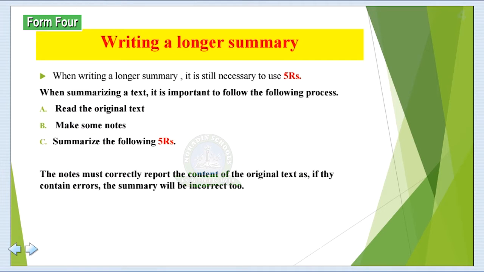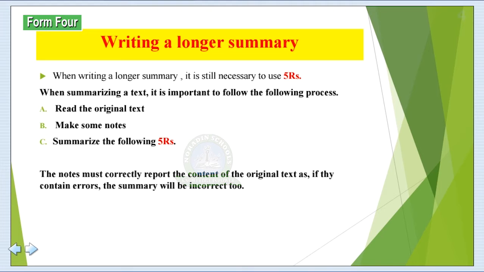Writing a long summary. When writing a long summary, it is still necessary to use the 5 R's. When summarizing a text, it's important to follow the following process. What are the steps you are going to take when you want to summarize, apart from the 5 R's? Number 1, read the original text.